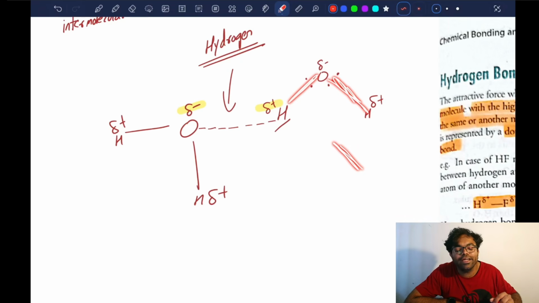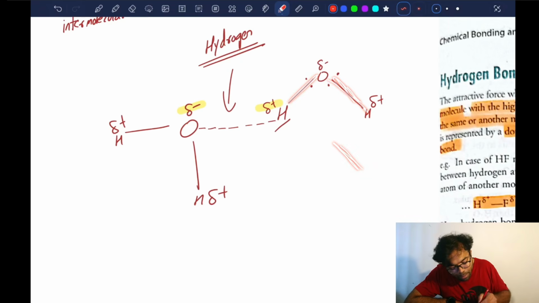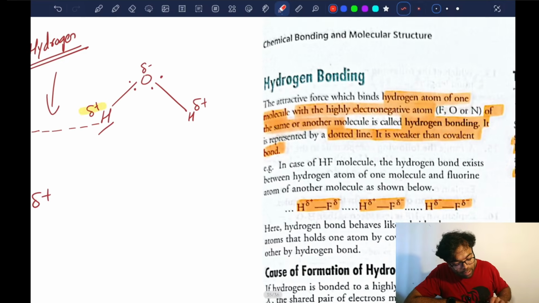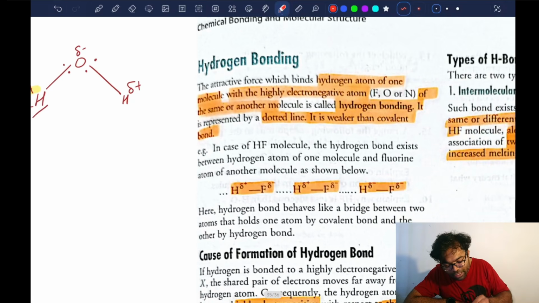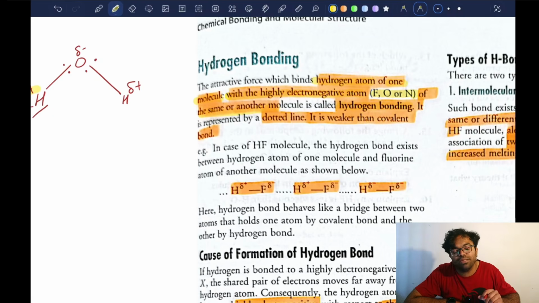These are the intramolecular bonds. But the bond formed between two molecules is called an intermolecular bond. So what is happening here? The attractive force which binds the hydrogen atom of one molecule with the highly electronegative atom, fluorine, oxygen, and neon, of the same or another molecule is called hydrogen bonding. Now, in hydrogen bonding, the presence of hydrogen has to be of the utmost priority.